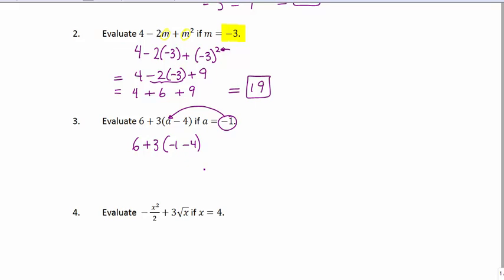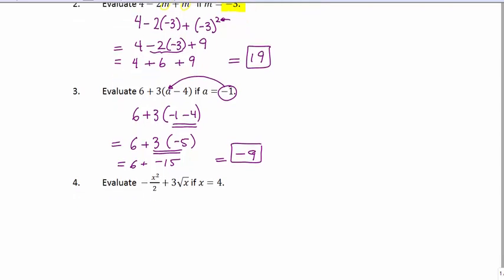At this point, following order of operations, again, do what's inside the parentheses first. That's 6 plus 3 times negative 5. Next, I do my multiplication. That's 6 plus negative 15. And 6 plus negative 15 is negative 9.